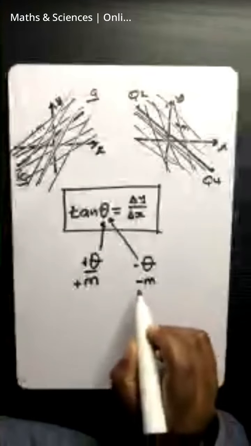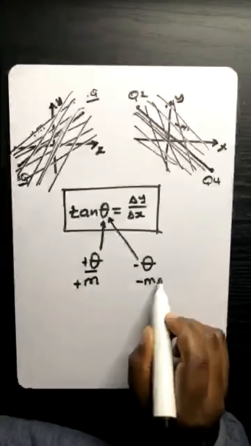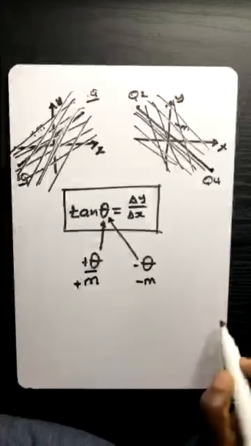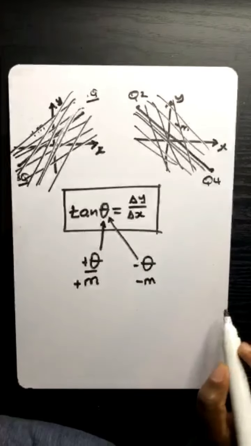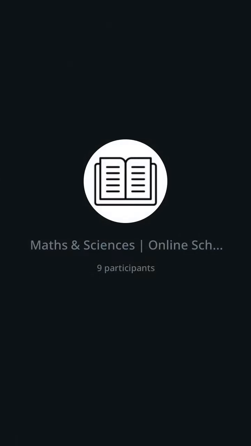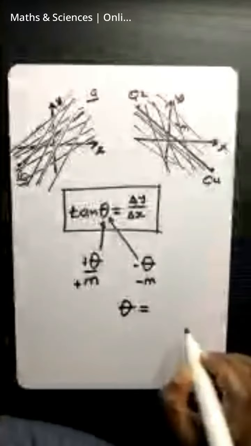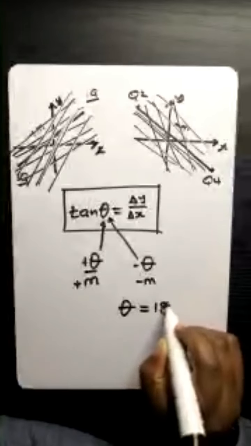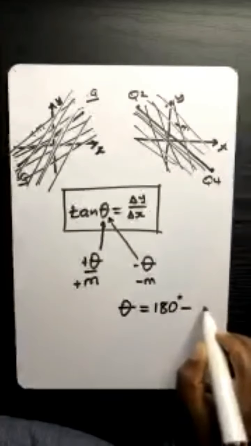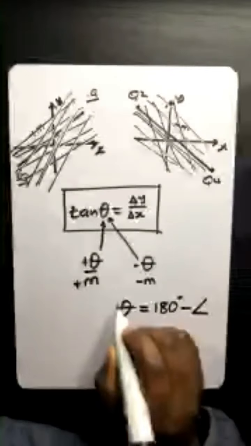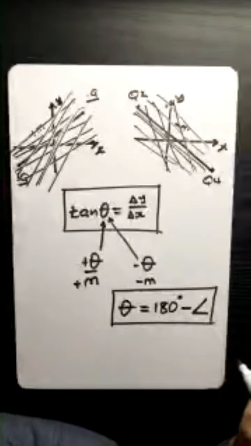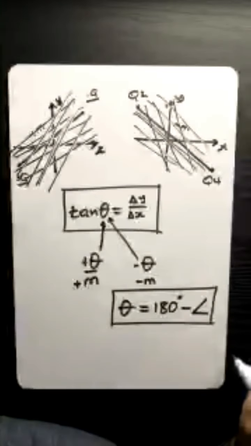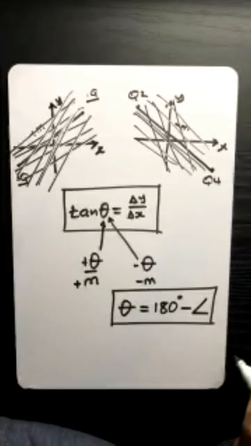So the moment you get a negative value of that angle theta, just be careful of something. Your theta is going to be equal to 180 degrees minus whatever negative angle that you get. Remember, guys, everything that I'm saying now, you don't need to forcefully squeeze into your mind.